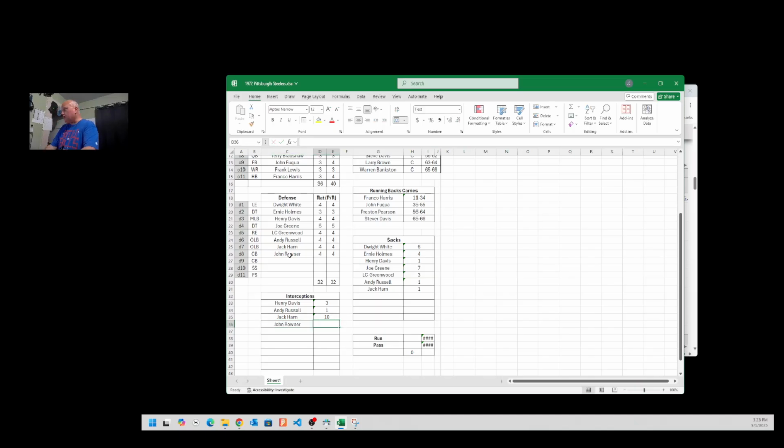Mel Blount. I used to be able to type so well. Blount. He's a 4. He's a W3. And a QS1.